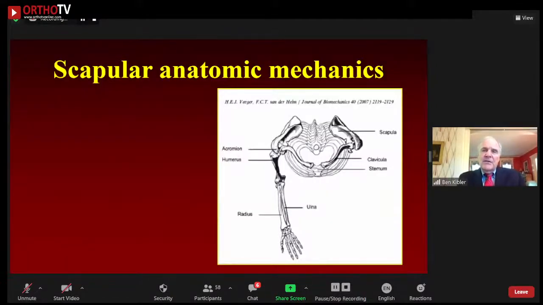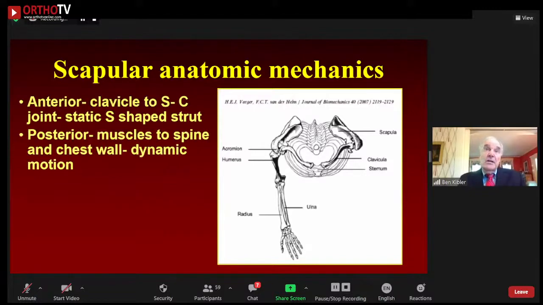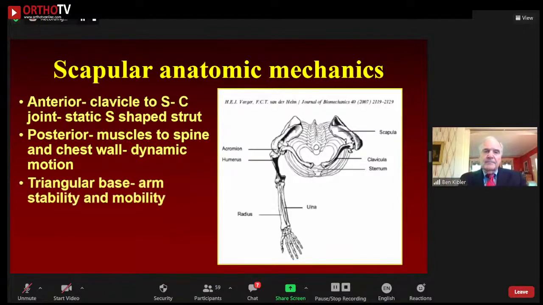As a basis for this, we'd like to go over a little bit about the scapular anatomic mechanics. This has several parts. The first part is we know anteriorly the clavicle is a curved strut to stabilize the scapula to the bony structures. Posteriorly, the muscles provide dynamic stability and movement of the scapula.